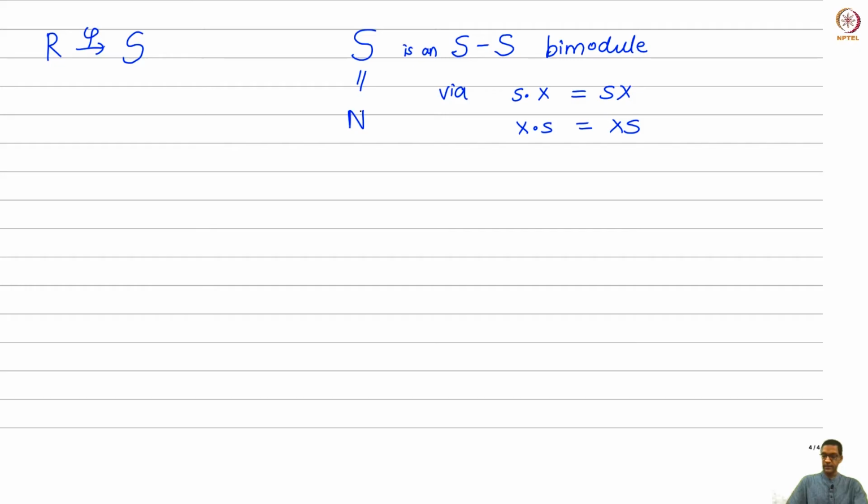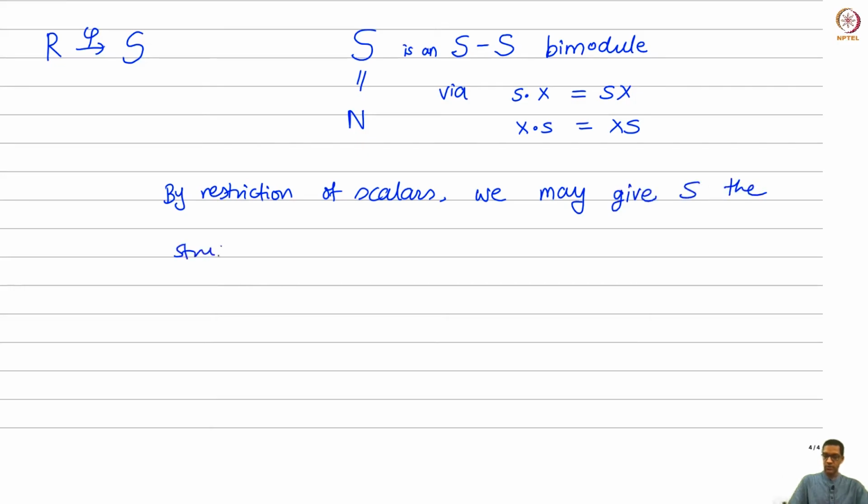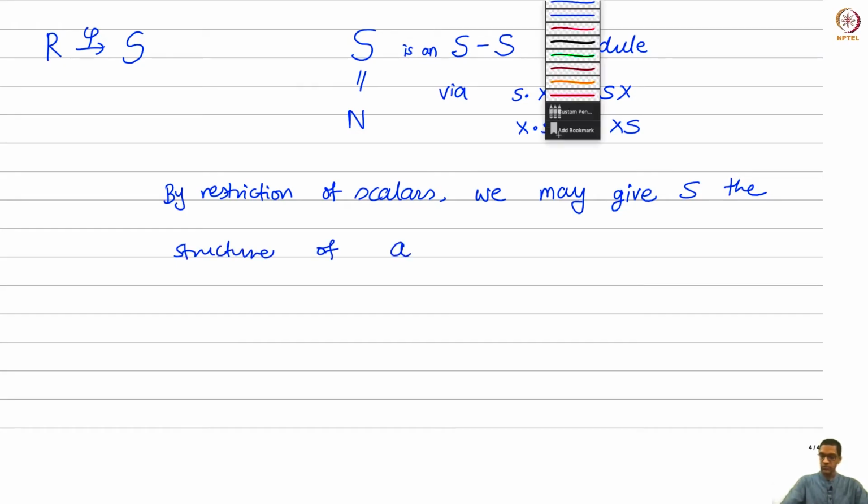By restriction of scalars, we may give S the structure of, well, what can I do? So let's just look at this, forget the second S on the right. So look at this S. S is a left S module. So by restriction of scalars, I can think of it as a left R module.